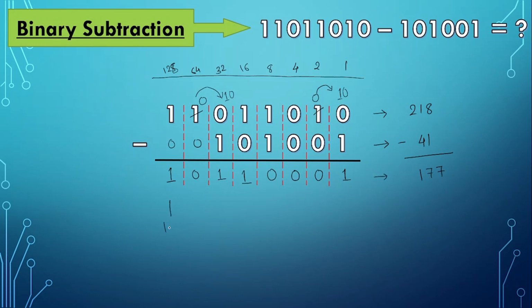So you will have 128 plus 32 plus 16 plus 1, which will give you 177. So both these answers are matching. That means our calculated difference is correct.